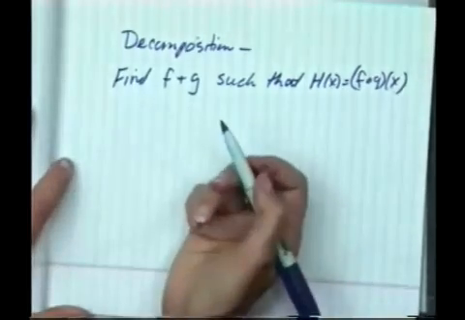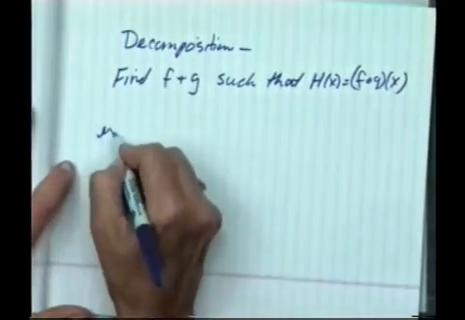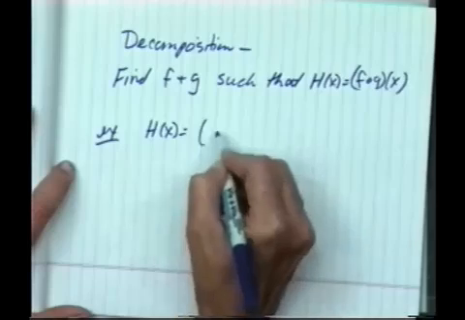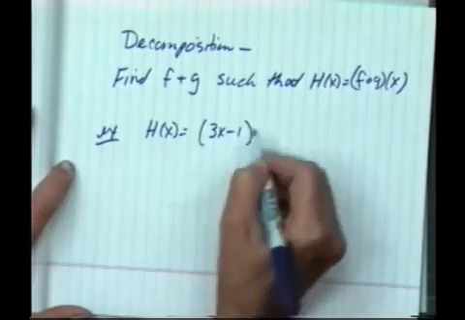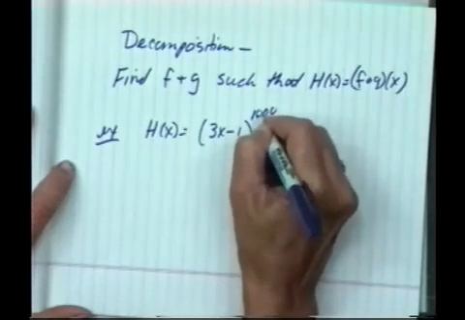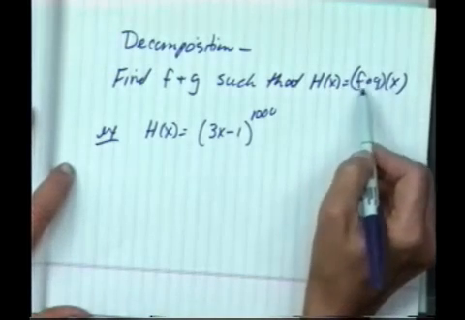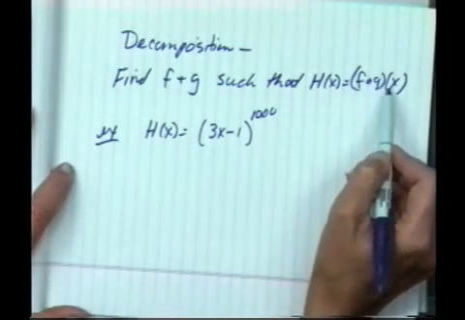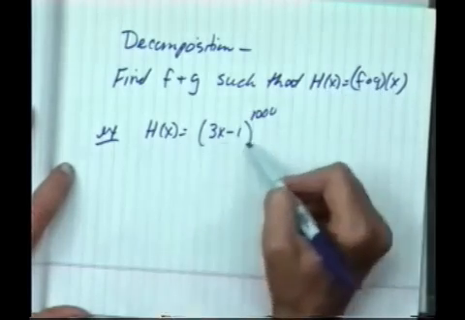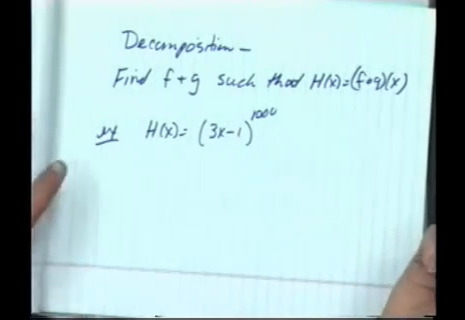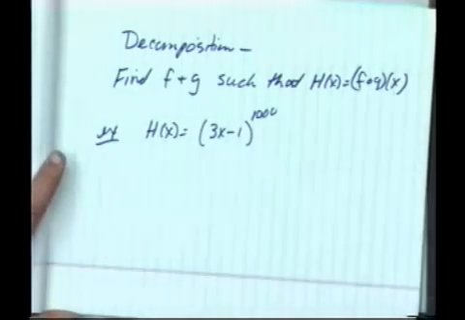Okay, so I'll just make up an example. h of x is going to be equal to (3x minus 1) to the 1,000th power. What I have to do is find two simpler functions that when you form their composition, you get back the original problem.